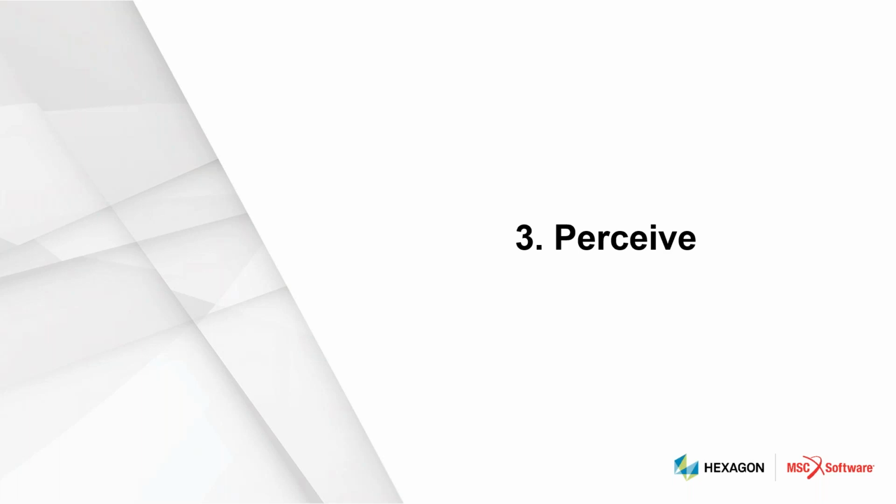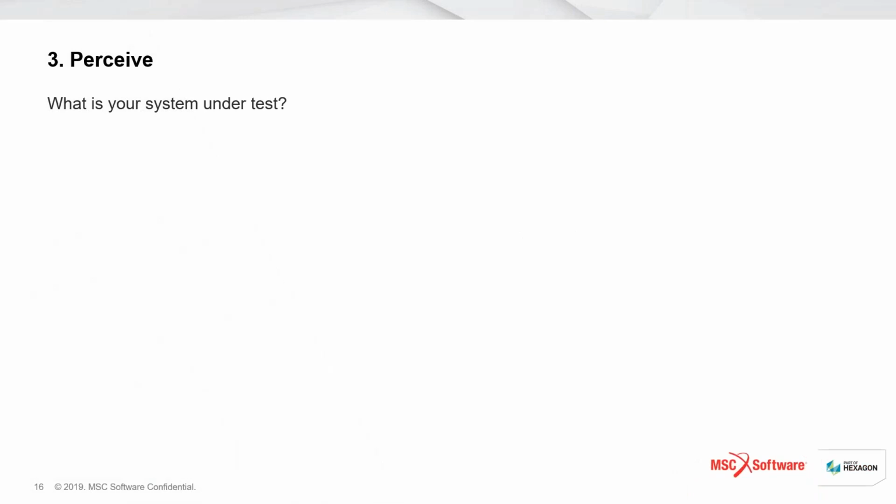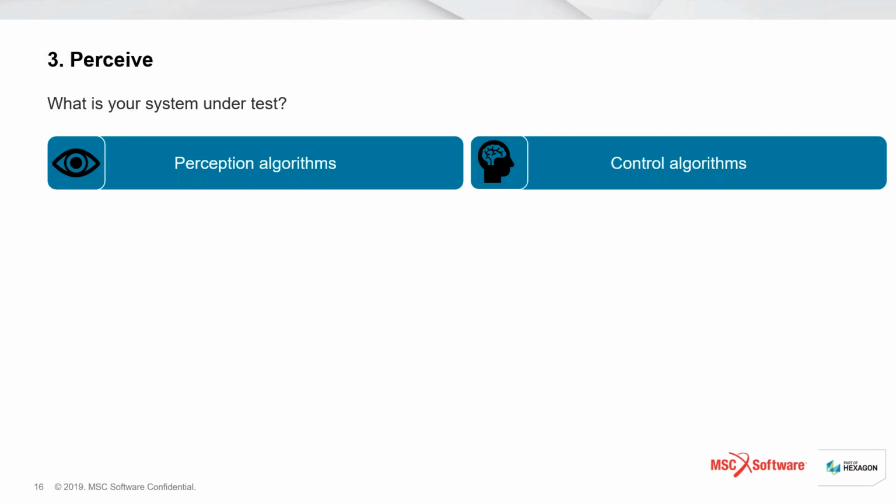So how does this perception look like? Well, perceiving the environment depends on what you want to test. Do you want to test perception algorithm, or do you want to test control algorithm? With perception algorithm, here on the left, what I mean is object detection and classification. Like, for example, a camera-based detection algorithm that will detect and classify correctly all the objects on an image.